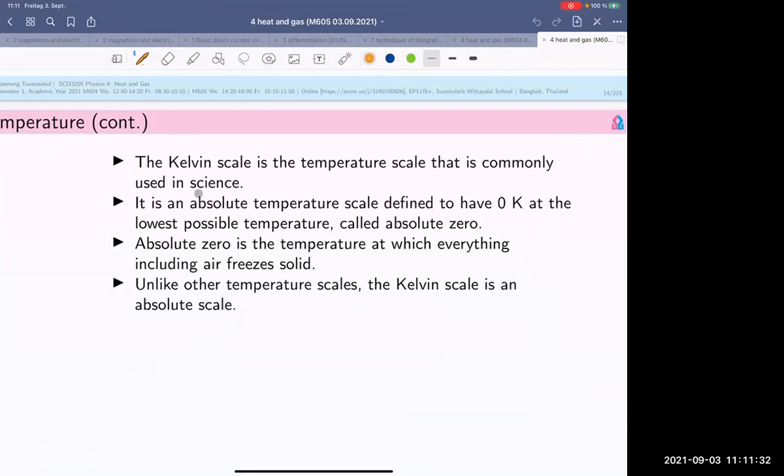For us in engineering, we would not often use the Kelvin scale. I have never heard of the Kelvin scale in engineering, except if you work in the faculty of science, you fall in love with chemistry, you fall in love with physics. If you want to work in the university with this stuff, you have to deal with the Kelvin scale.